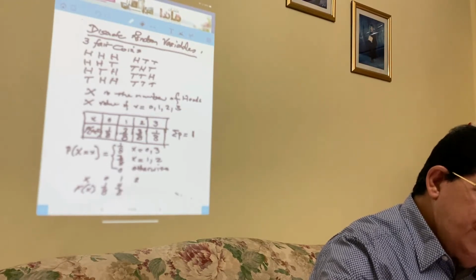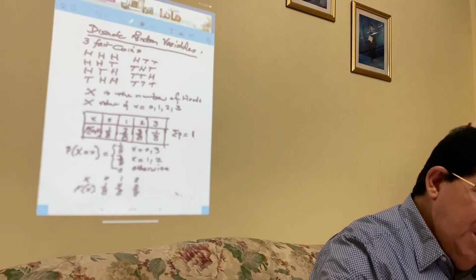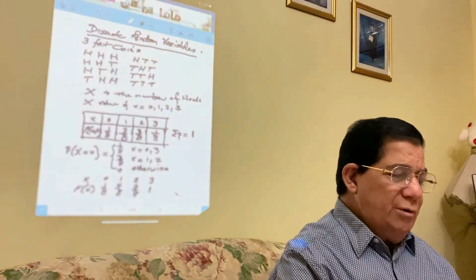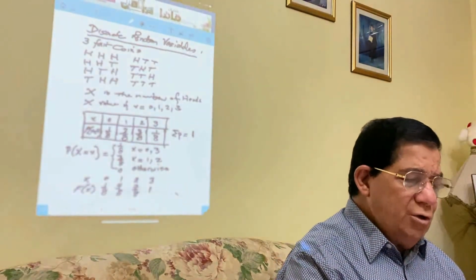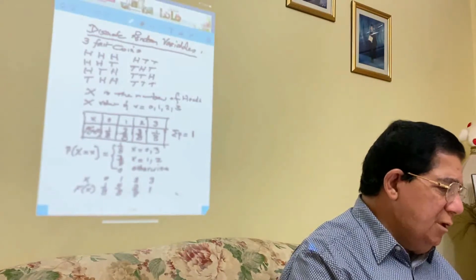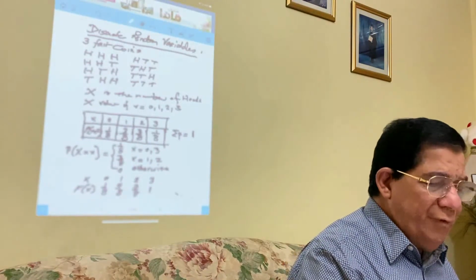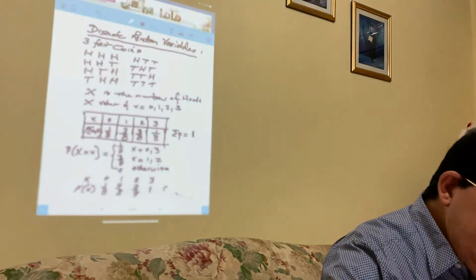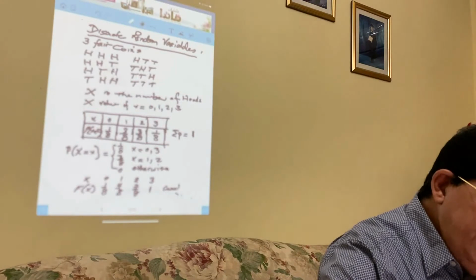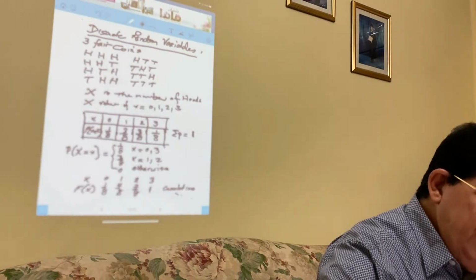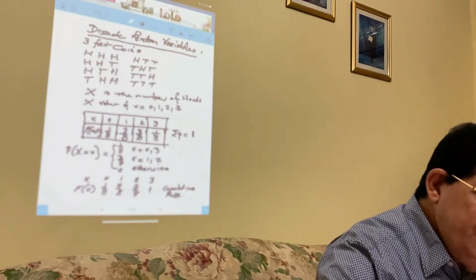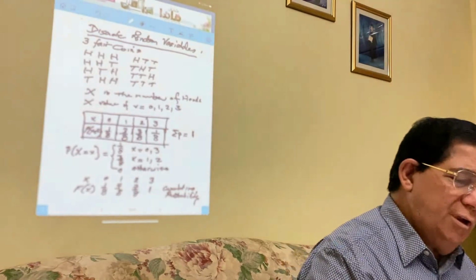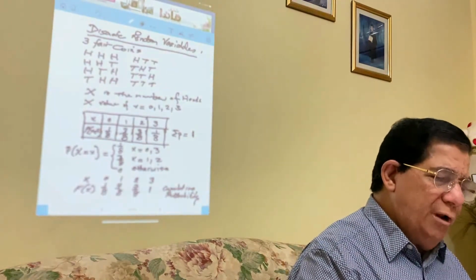For 2, it is 7 over 8. And for 3, it is 1. What is that called? It is called capital F of x, the cumulative probability.